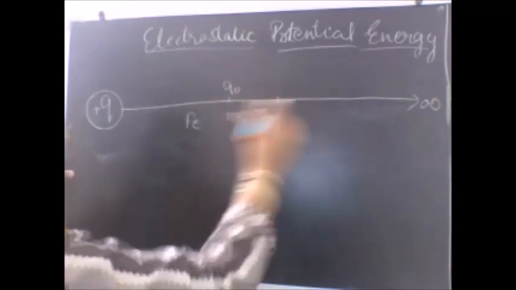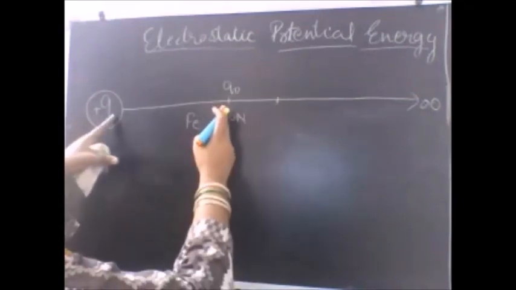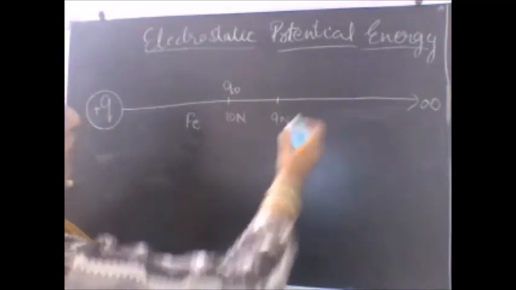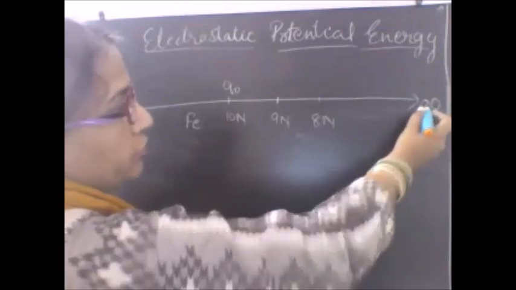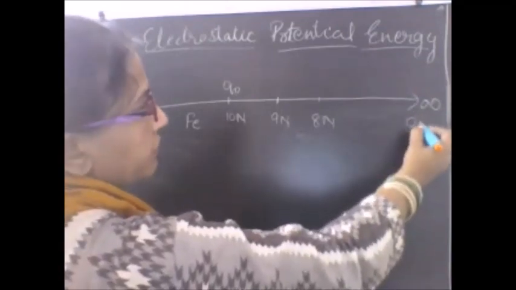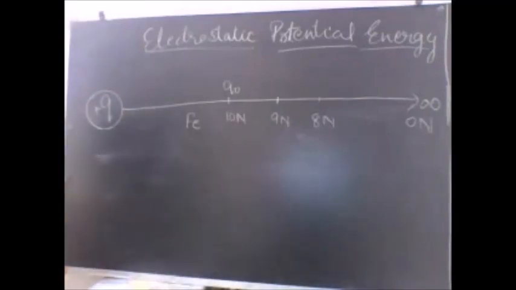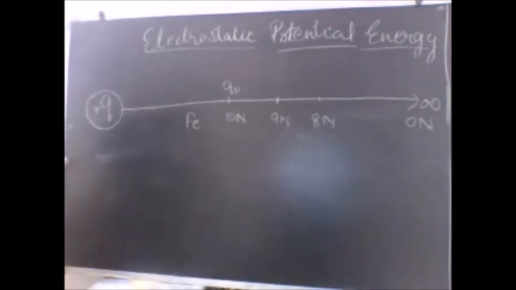If I move further along the electric field line, the electrostatic force keeps on decreasing as the distance increases. So assuming that here the force is 9 Newton, here the force is 8 Newton, and so on, and it will reach up to infinity, and the force experienced at infinity will be 0 Newton. Which formula has helped me in finding this force? I can use Coulomb's law.